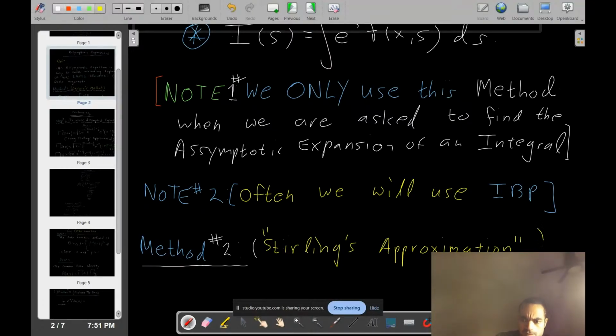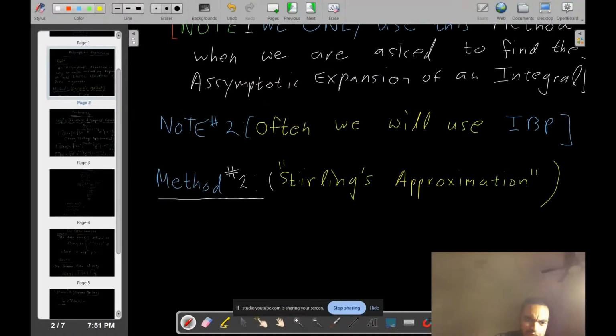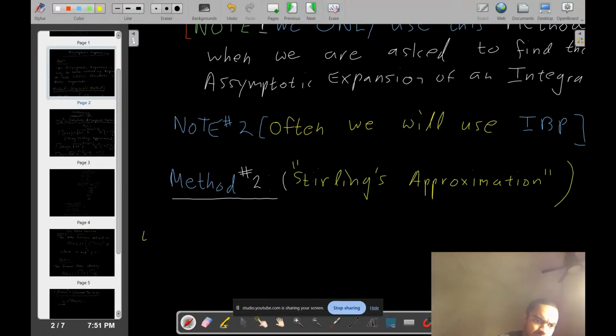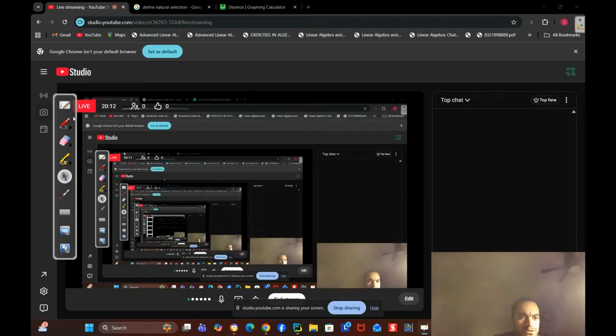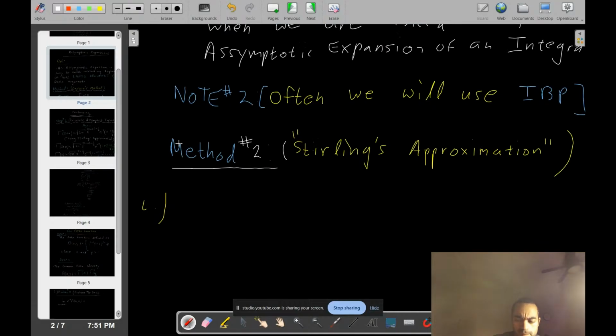Okay, Stirling's approximation. And there are 3 points to Stirling's approximation. There are 3 cases you should remember. So Stirling's approximation, part 1.